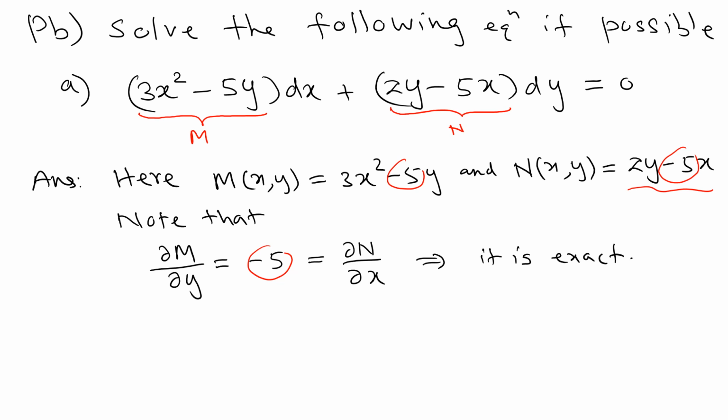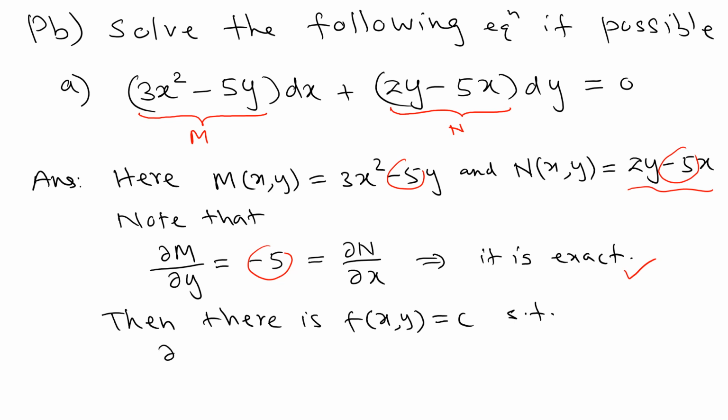They are equal, so it is exact. Okay, that's the first thing to do. We check whether it is exact. And after that, we're going to pick the easy one. Because this is exact, we can say that there is an f(x,y) equals c such that the partial derivative with respect to x of that function equals the M function, as the theory says, and the partial derivative of the f function with respect to y is the other N function.